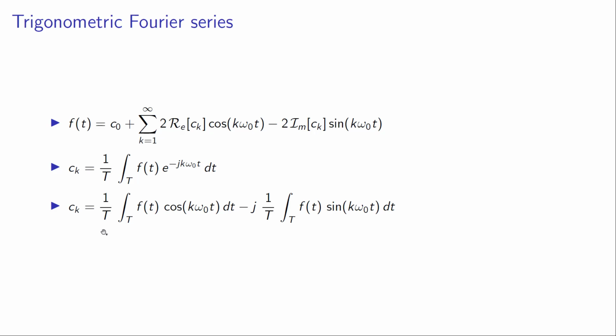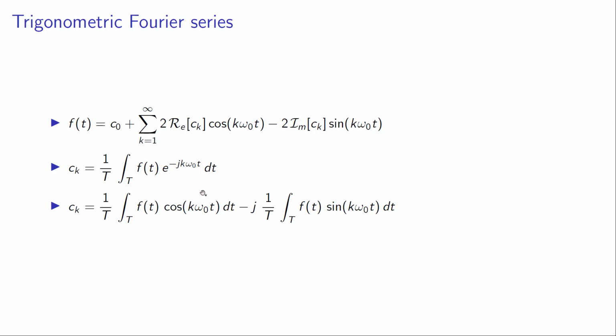Here it is. If you take the real part of this one, you have the cosine of k omega 0 t, and then you have the imaginary part with a sign, and because of the minus sign over here, you have minus over here. So here the real part, and here the imaginary part. So what you can do now is plug this in here. You have a minus sign here and a minus sign here, so they will cancel out and you'll have a plus sign.